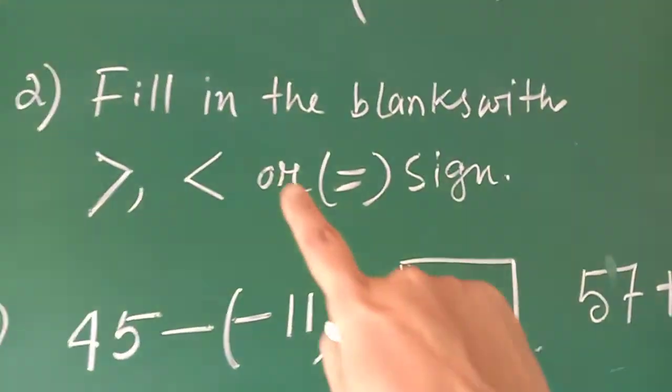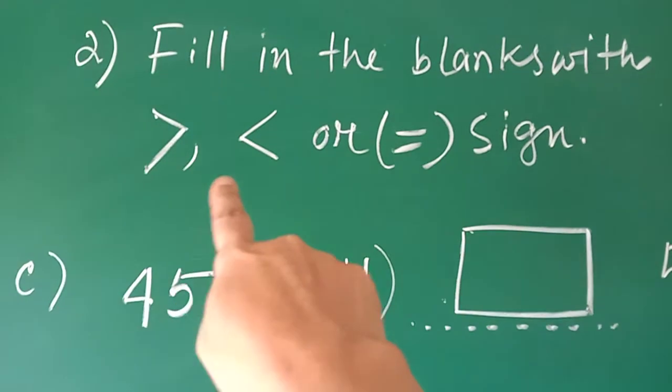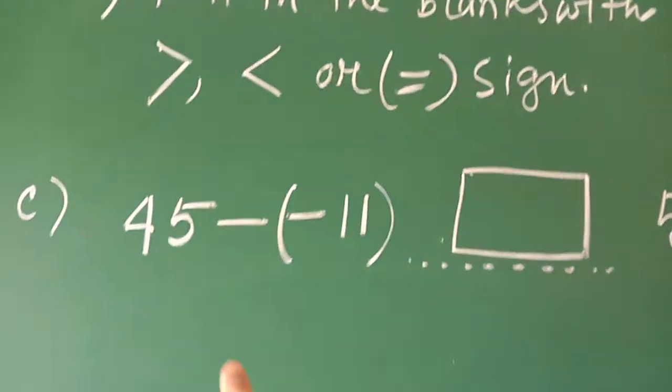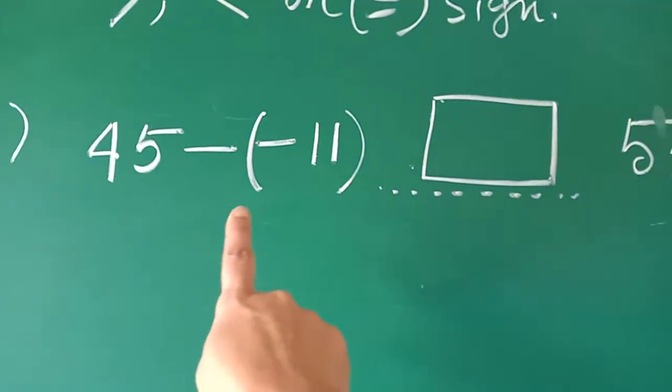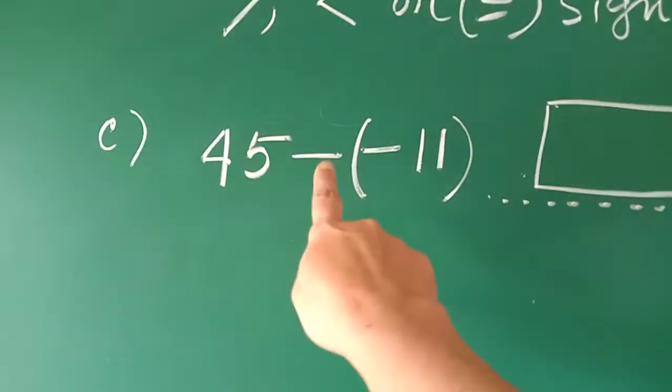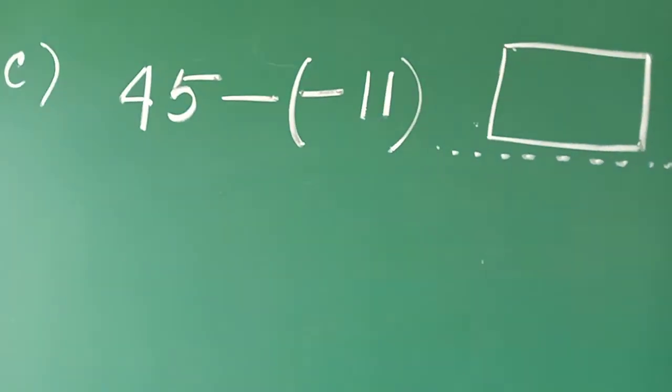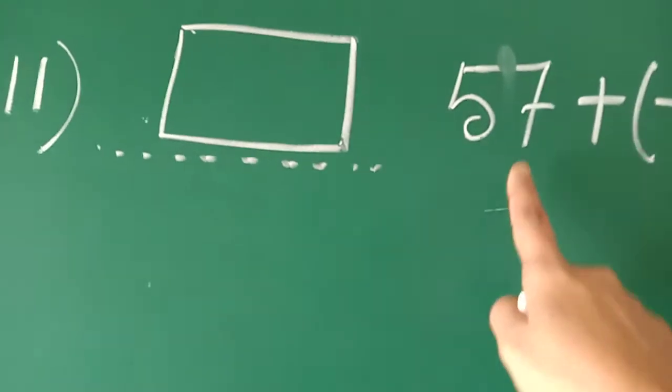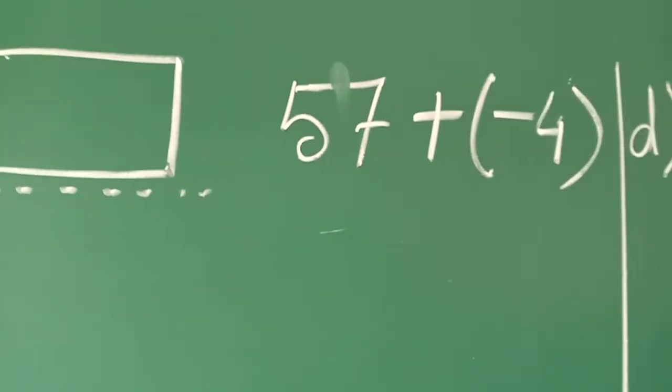You have to fill in the blanks with the greater than sign, less than sign or equal to sign. The sum is 45 minus 11 on the left side, and on the right side 57 minus 4.